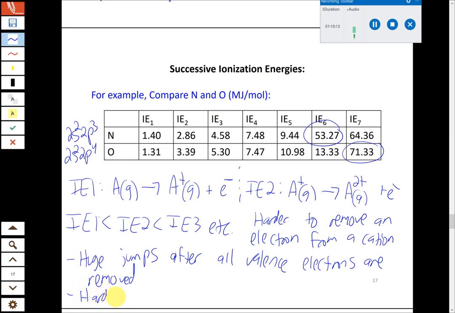And basically it's hard to remove those core electrons. All right, so it's comparatively easy to remove valence electrons, relatively low ionization energies, extremely difficult to remove core electrons.